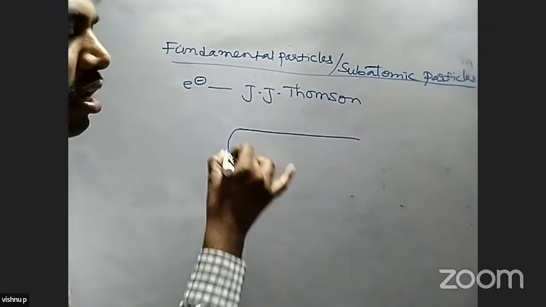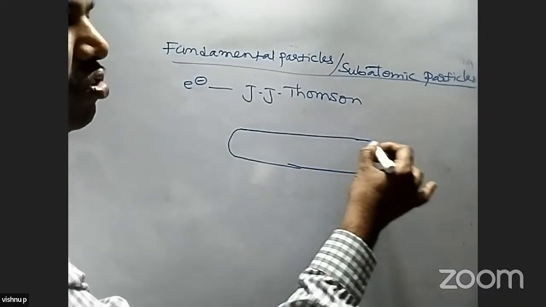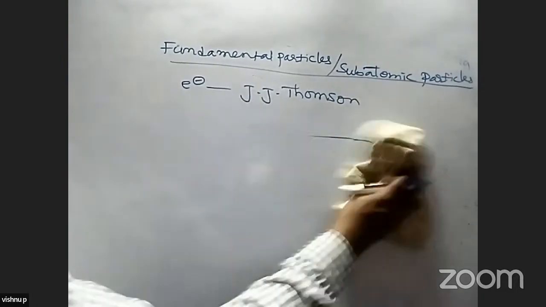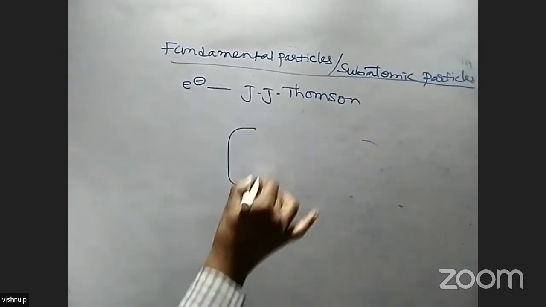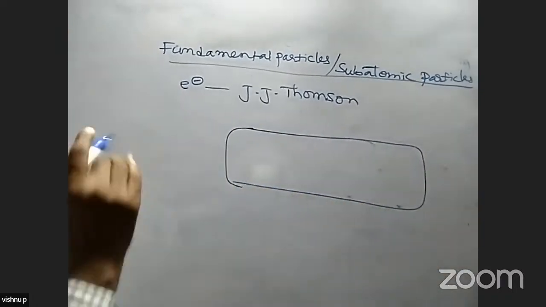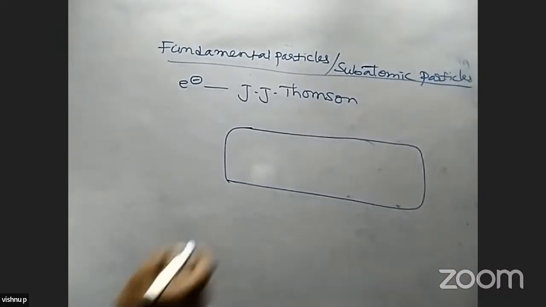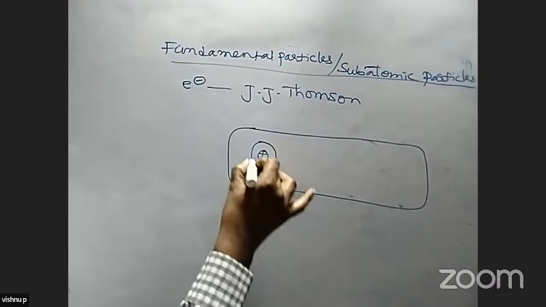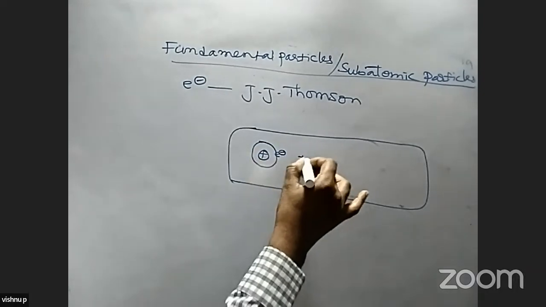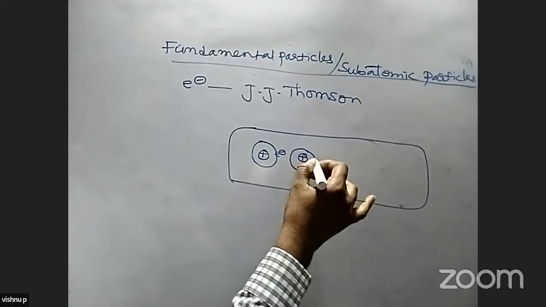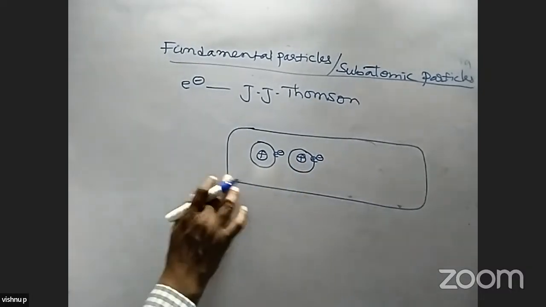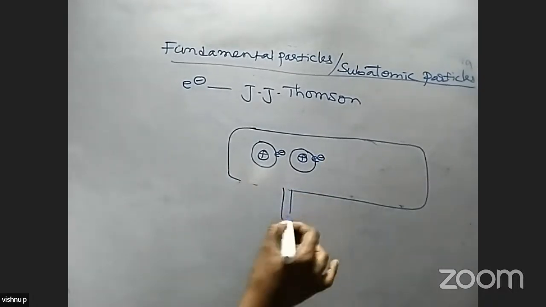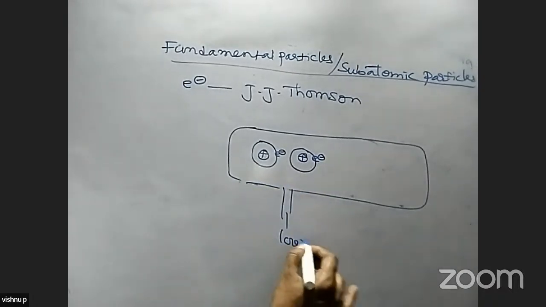The discharge tube is also called the Crookes tube, a long sealed glass tube. If you take hydrogen, which contains one proton and one electron, we maintain low pressure conditions.